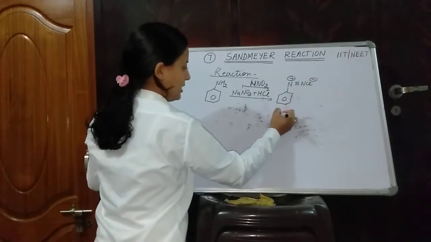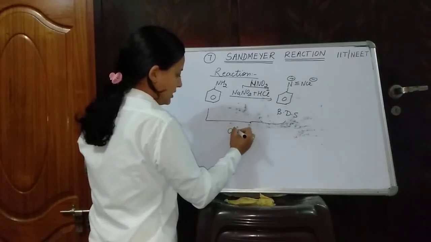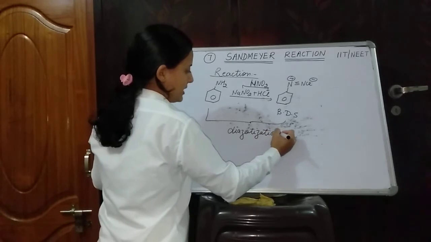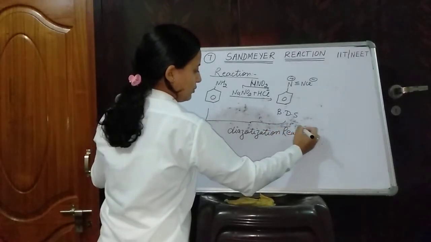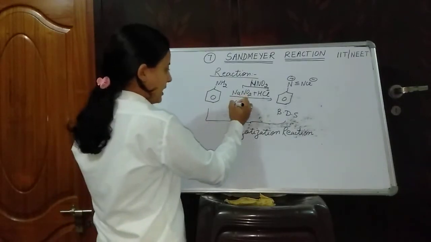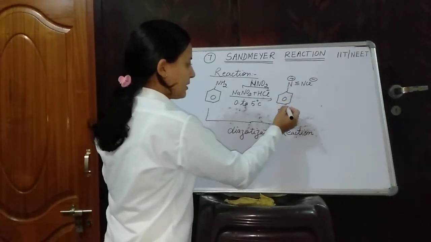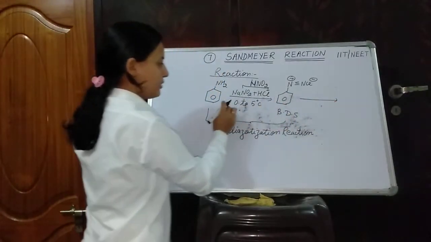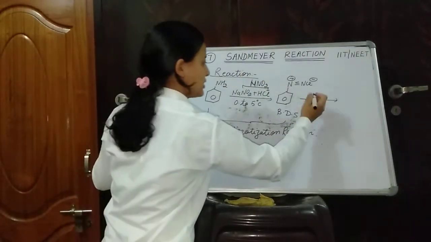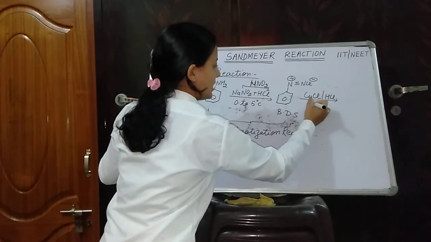This is your BDS. Up to here, this is the diazotization reaction. How the diazonium salt is formed during the reaction, we have discussed in our last video. Here the temperature must be 0 to 5 degrees Celsius, and this product of the diazotization reaction works as a reactant molecule for the Sandmeyer reaction in the presence of cuprous chloride and HCl.